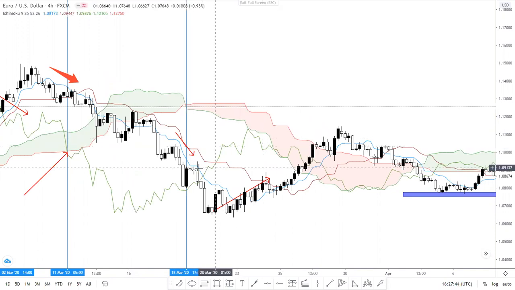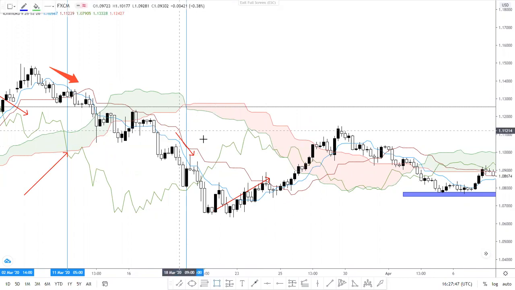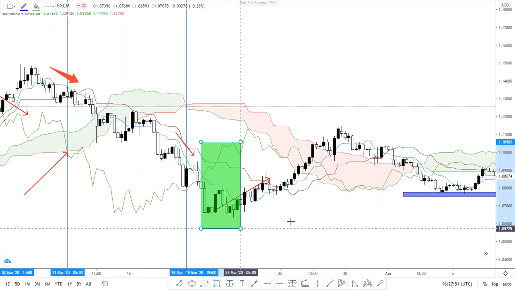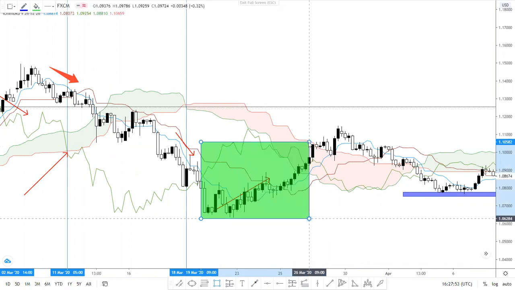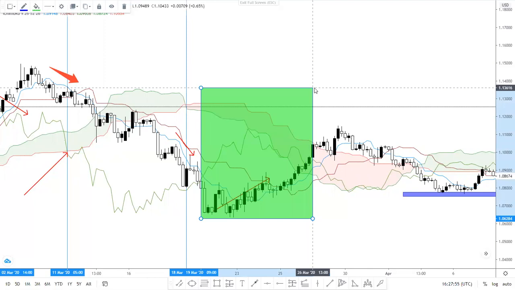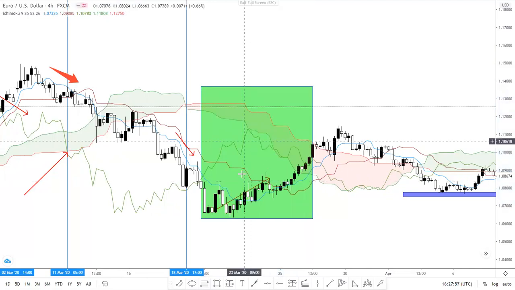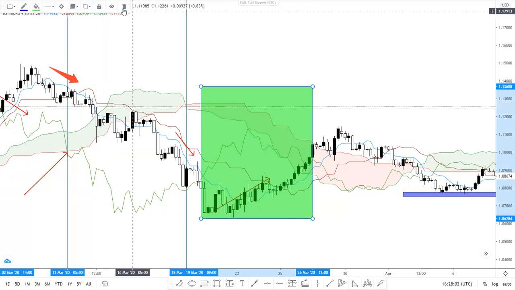So you can look to buy in this whole region after it crosses here. You can look for a buy entry somewhere around here if you're using this indicator.